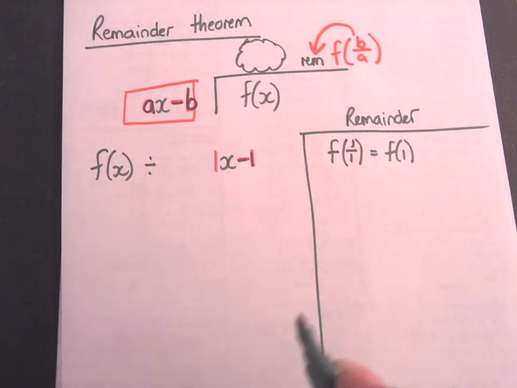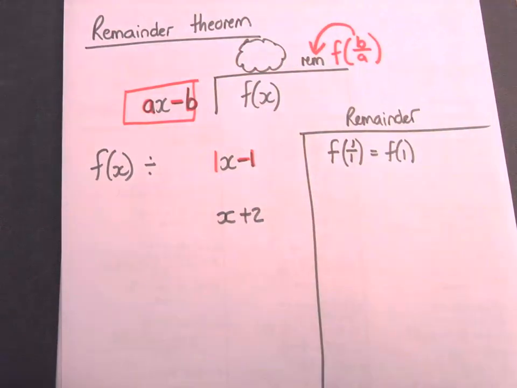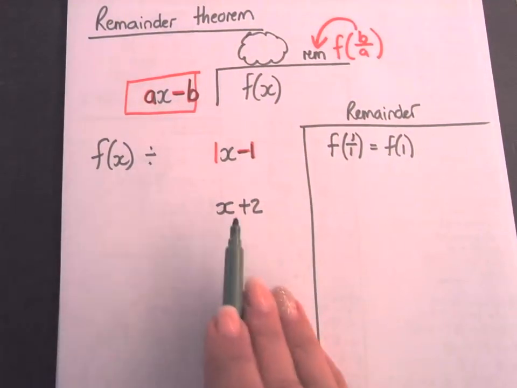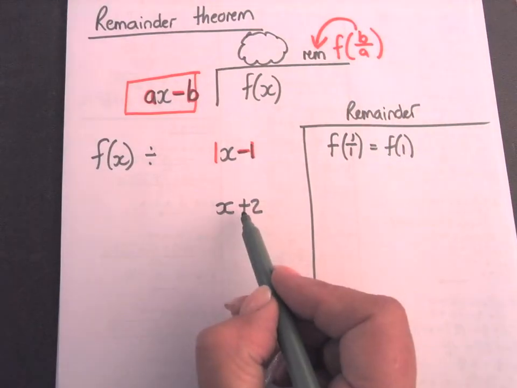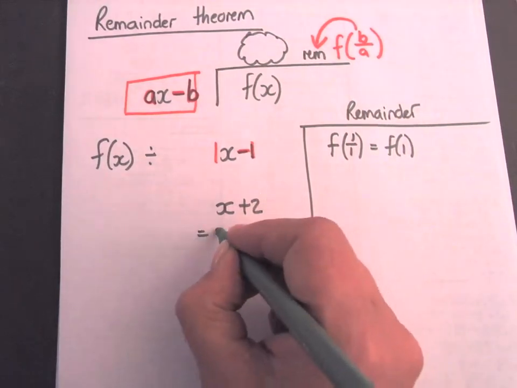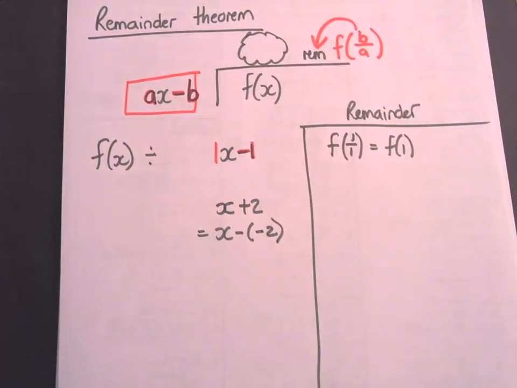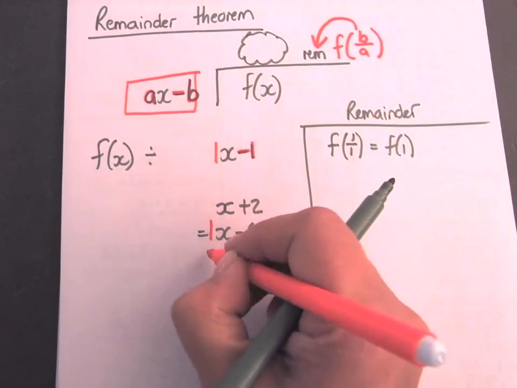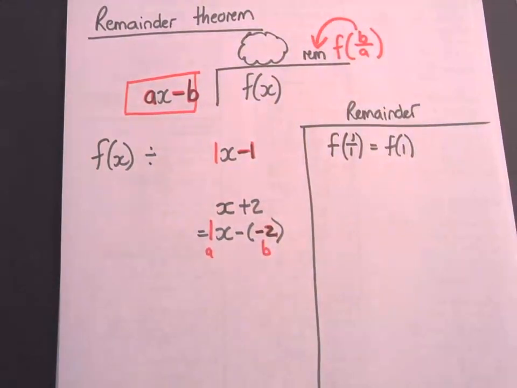Let's take another one. If the divisor is x plus 2, f(x) divided by x plus 2. Remember I said there must be a minus, so we have to rewrite it as x minus negative 2. Then the 1 will be a, and the negative 2 will be my b.